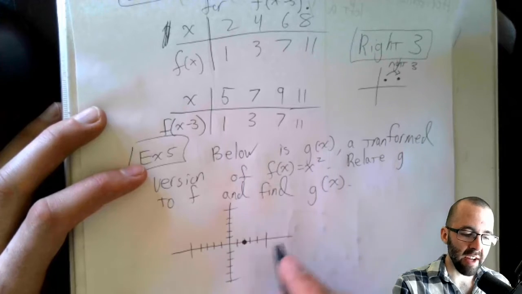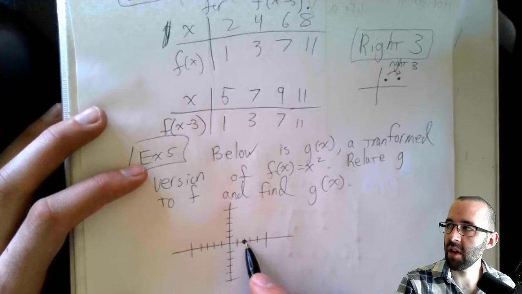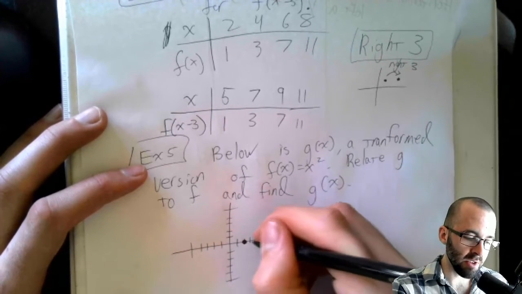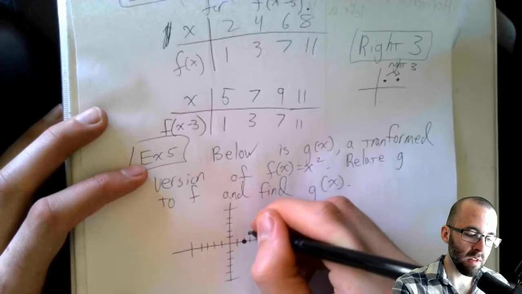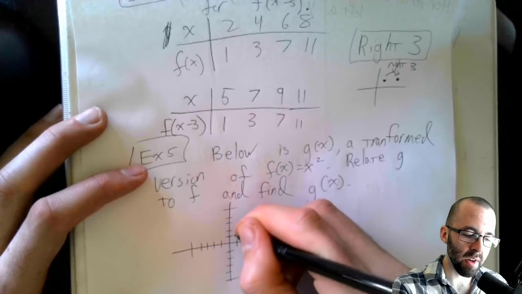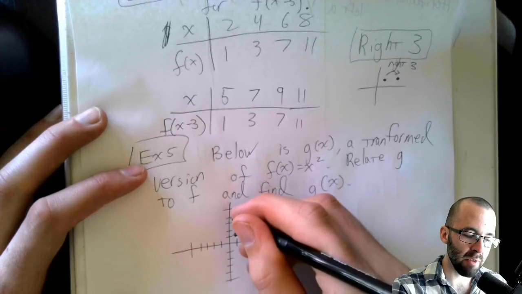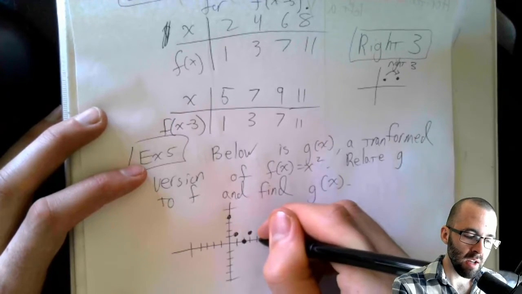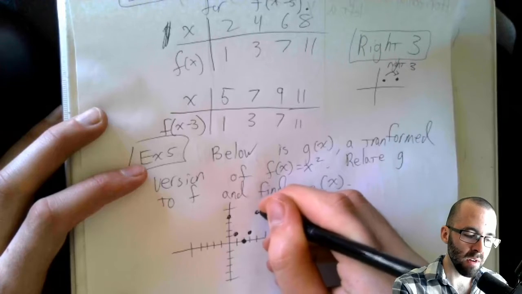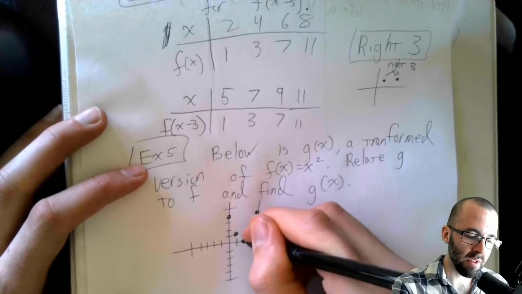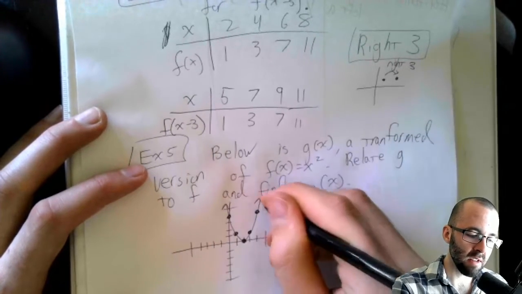g of x starts at 2, 0. It also has the points 3 comma 1 and 1 comma 1. Again, it's a parabola. And then 0 comma 4 and 4 comma 4. So this right here is g of x.